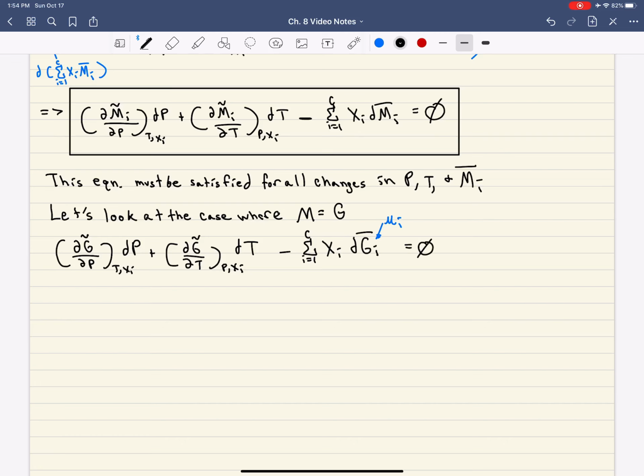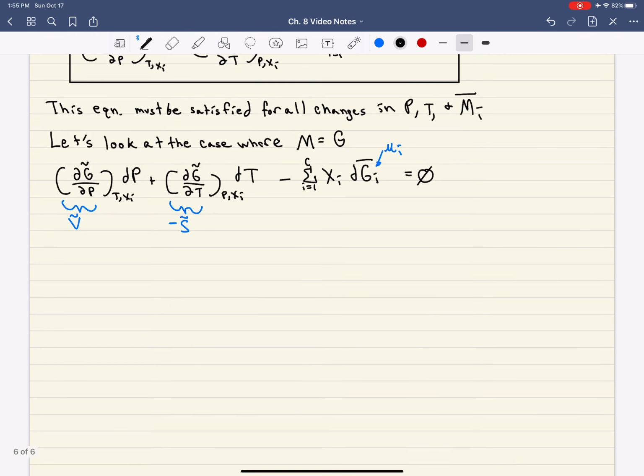But for these partial derivatives over here on the left, we know from our fundamental Gibbs equation that this one is just equal to molar volume. This one's equal to negative entropy. Okay?